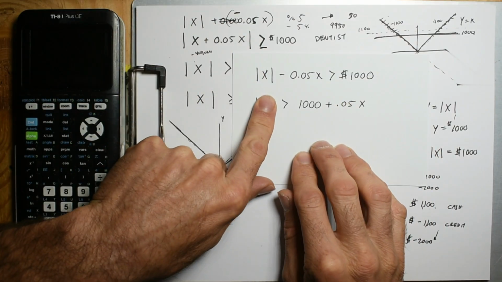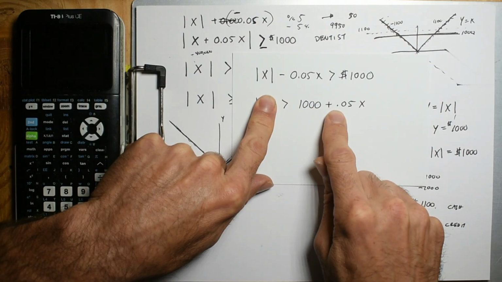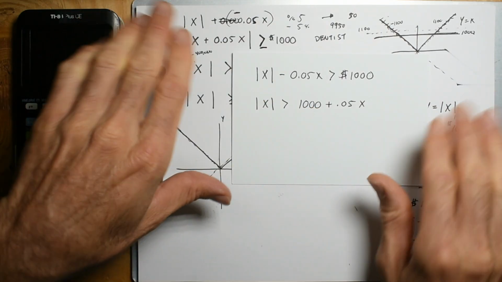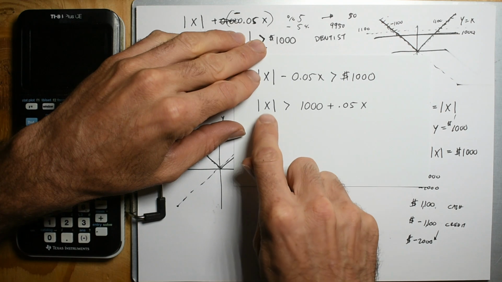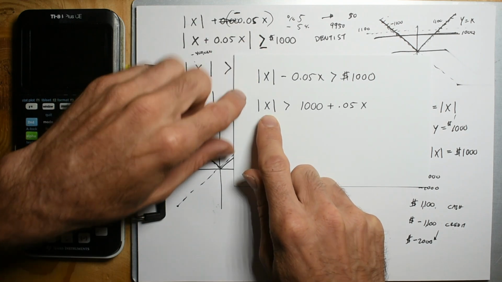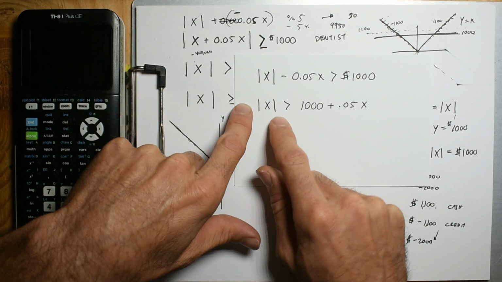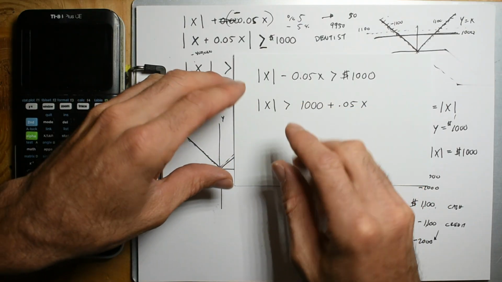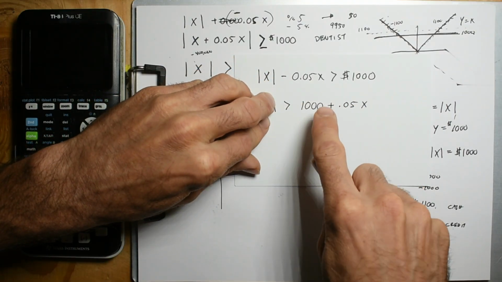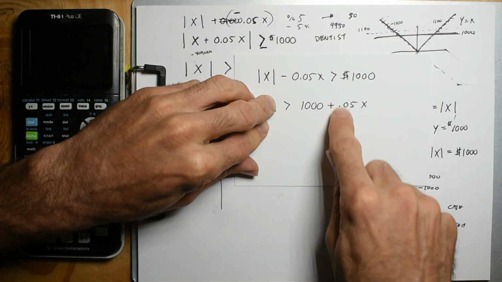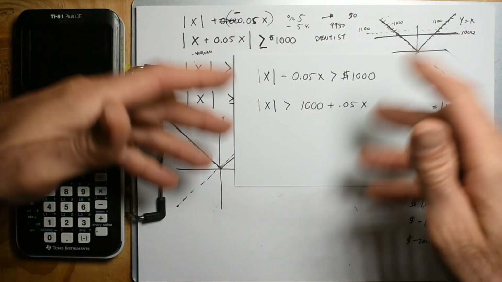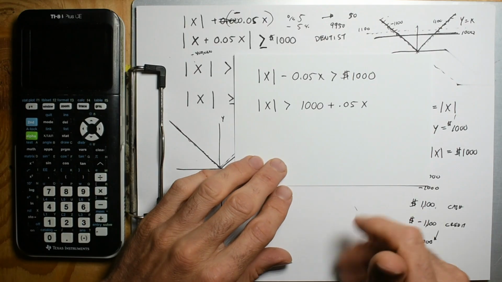Is 1,000 greater than 1,000 plus some more? No. Let's say I put negative 1,000. With the absolute value, that becomes positive 1,000. Is positive 1,000 greater than 1,000 minus something? Yes. Okay, so we at least have one solution that will work.